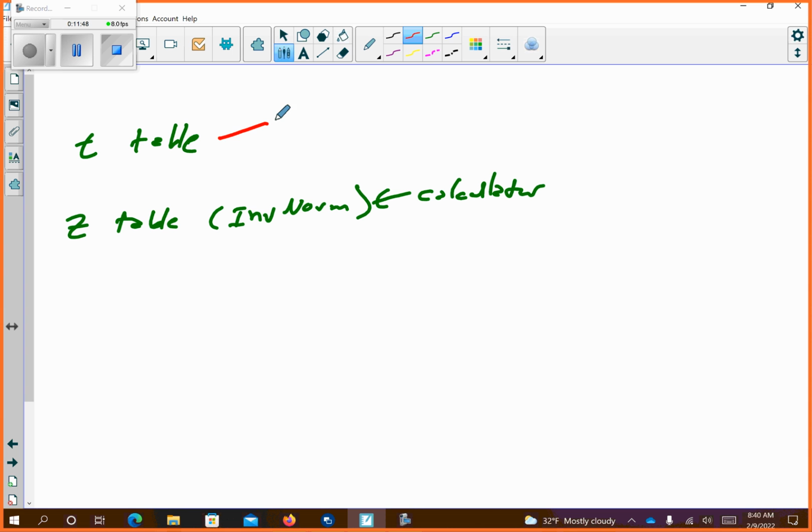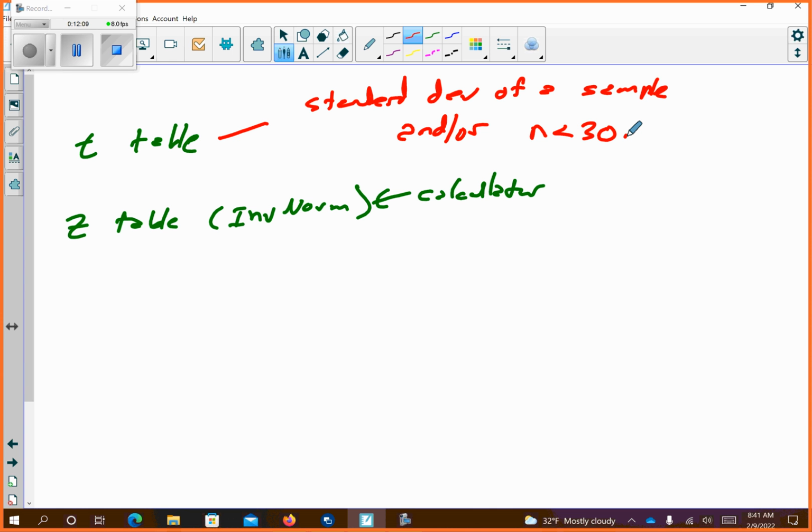So you use the T table when you have the standard deviation of a sample, and/or a value less than 30. Okay? Does that make sense?